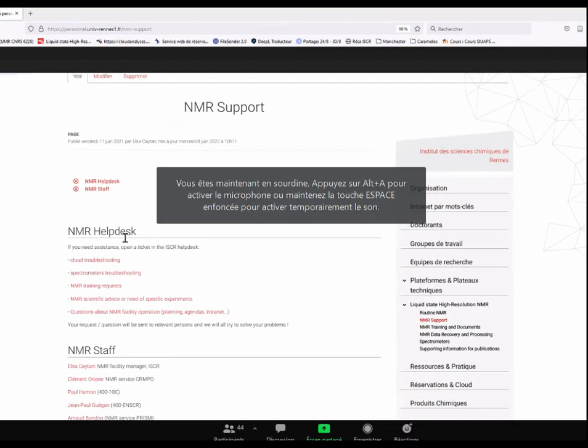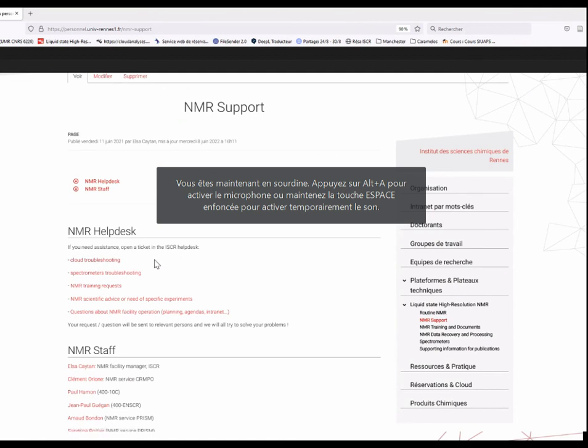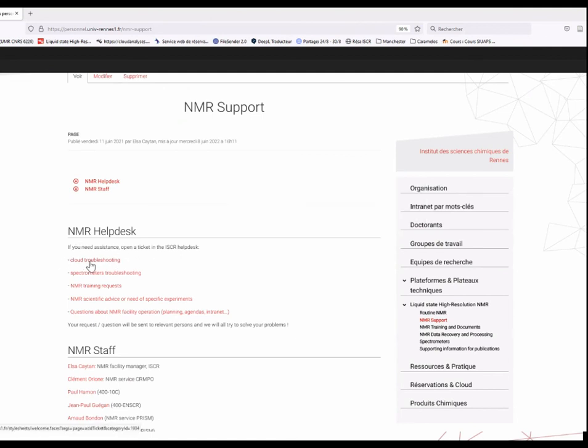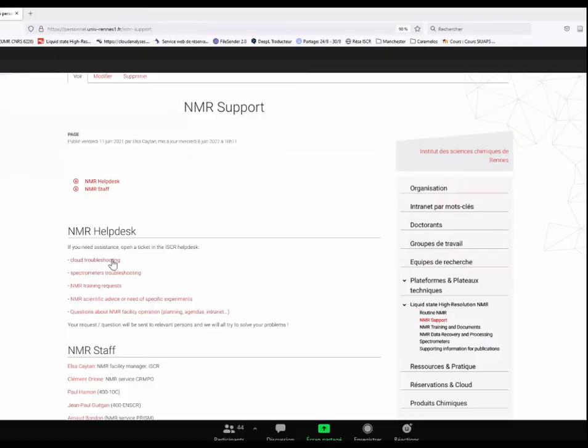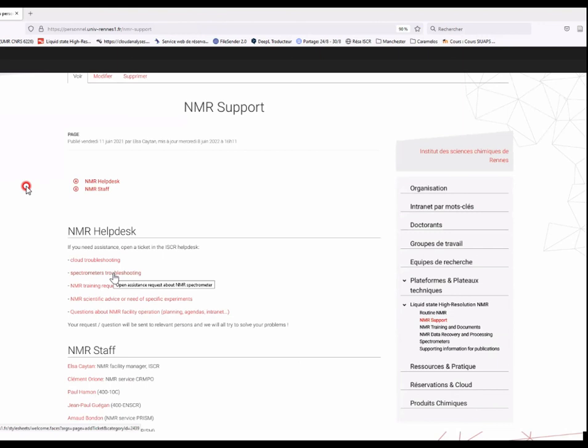This is a help desk, and you can open tickets if you encounter problems about, for example, the cloud or spectrometer, if there is some failure, outage, or some problems with the hardware. You can ask for training. You can ask for scientific advice, or if you need some specific experiments in Villejean or here. And if you have some question about the planning or anything.